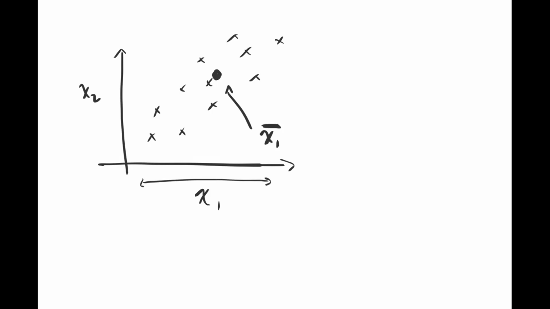So maybe if I draw a line like that, I could draw a line like that, I could draw a line like that. Okay. This is a visual representation of what I'm trying to do here.